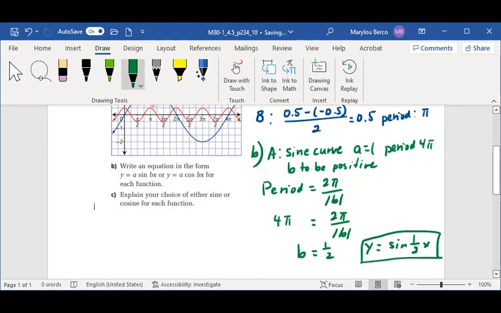Okay. For B, graph B, it has the pattern of a cosine curve.